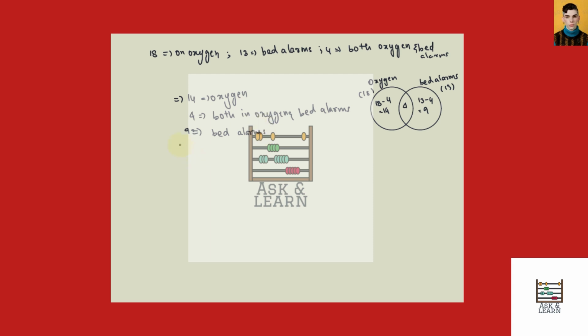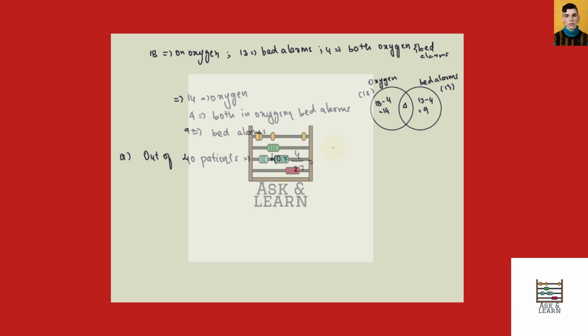So in the first part of the question, out of 40 patients, the probability that they are both on oxygen and a bed alarm would be 4 by 27. So out of 40 patients, it would be 40 into 4 by 27.